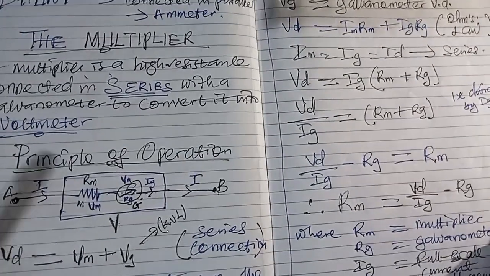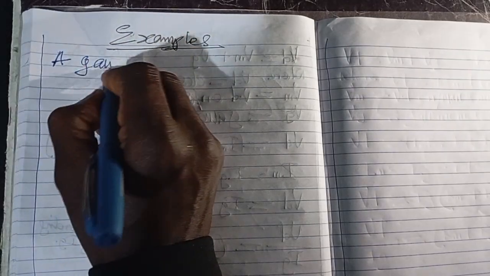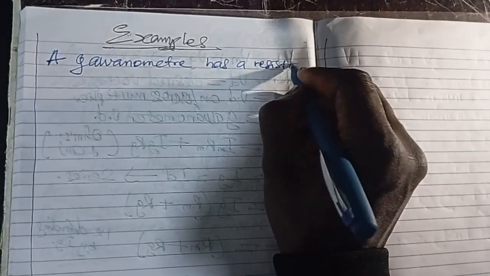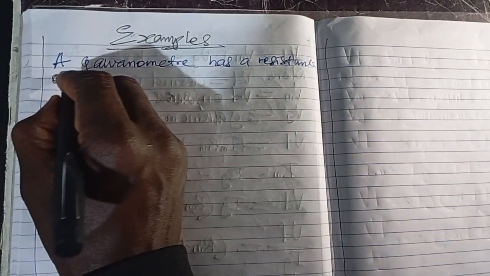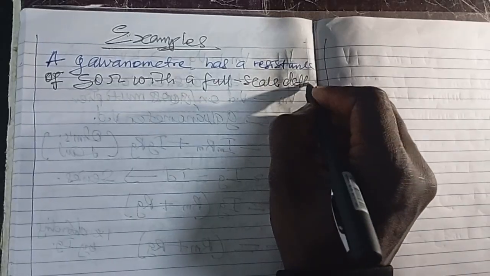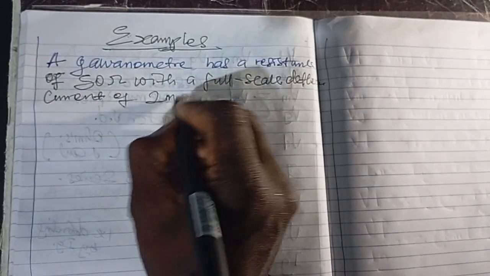Alright, let's solve an example here. Example 1: a galvanometer has a resistance of 50 ohms with a full scale deflection current of 2 milliamperes.